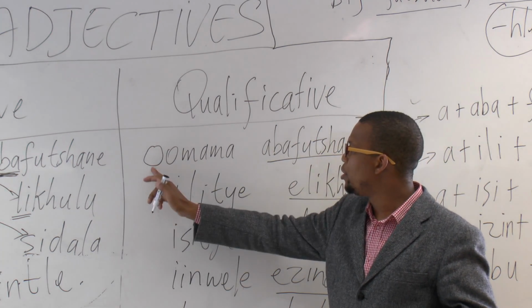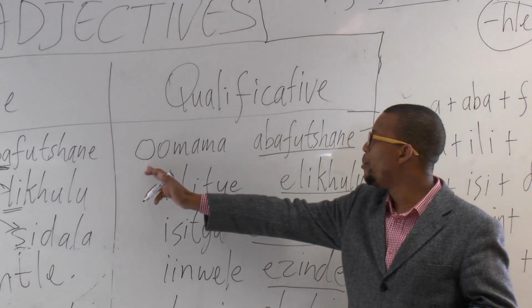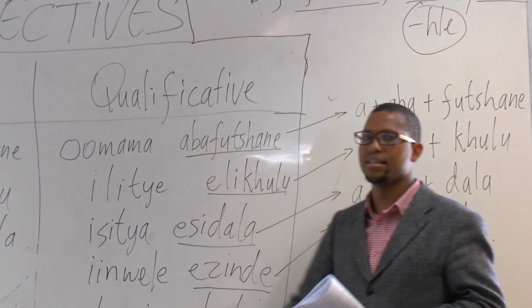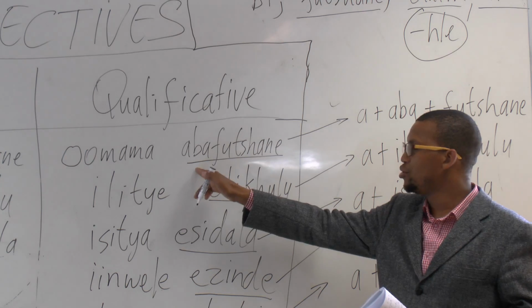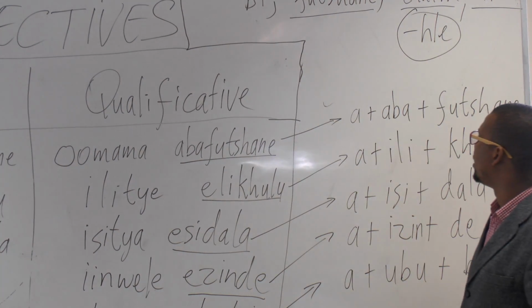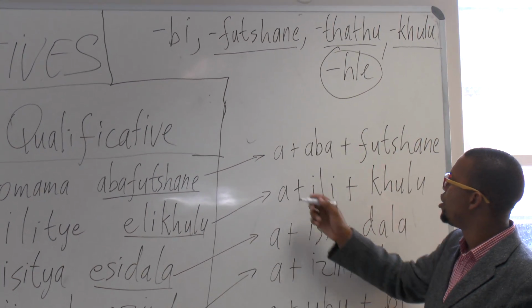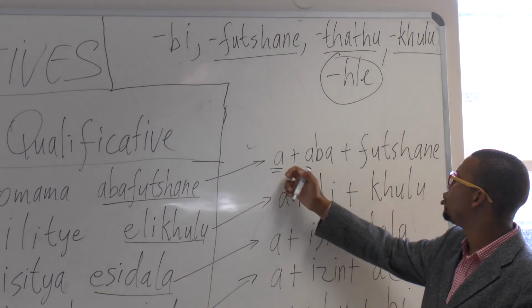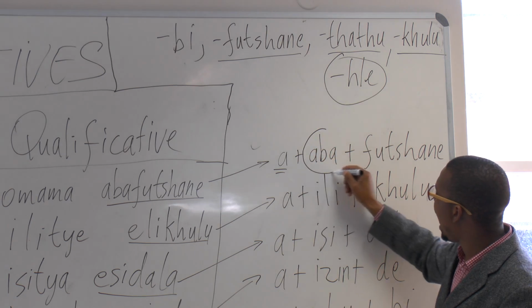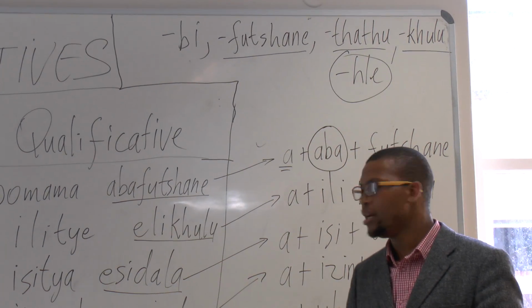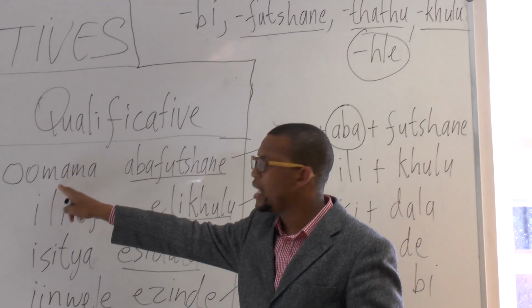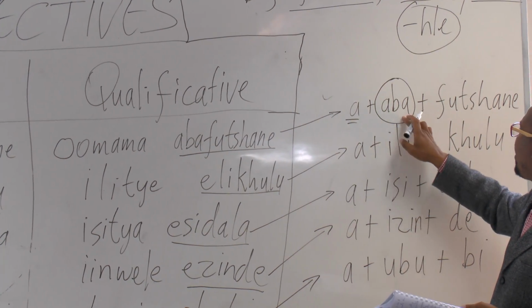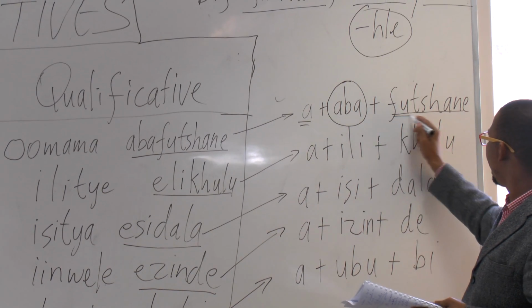Oomama aba fuchane, which means short mothers. How did we get to aba fuchane? Here's the formula that you use. You put the formative A for the adjective, followed by the whole prefix, aba, the whole prefix of that particular noun that you're dealing with. It's A plus aba plus the actual adjective.